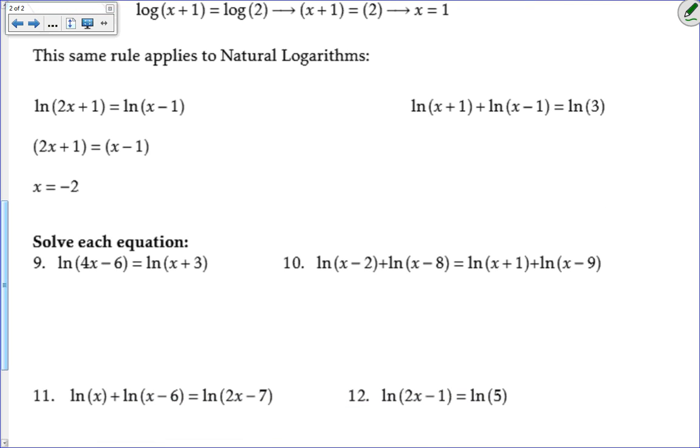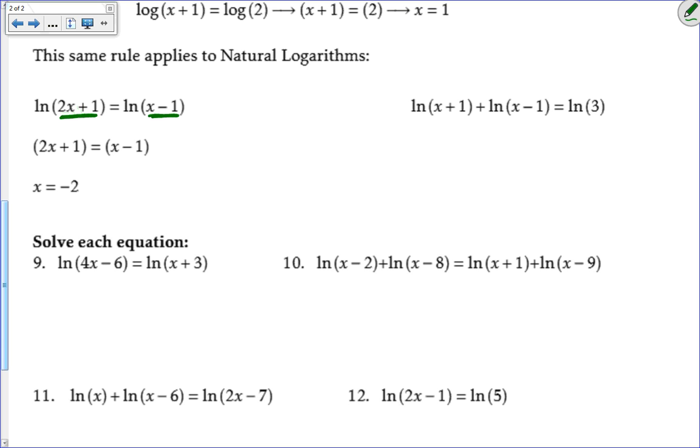If we have the natural log of 2x plus 1 equals the natural log of x minus 1, we have natural logs on both sides. So what we can do is just take whatever's in the parentheses and set them equal to each other and solve, right? So that's all we got to do. We just set 2x plus 1 equal to x minus 1. It's right here. And then now that's just solving, doing some algebra, okay?